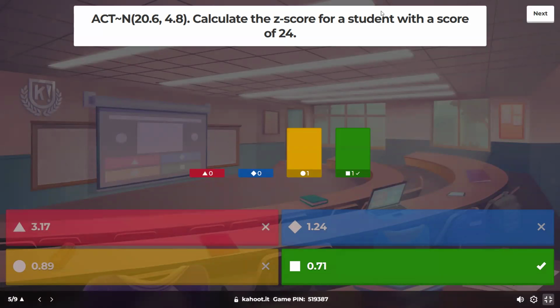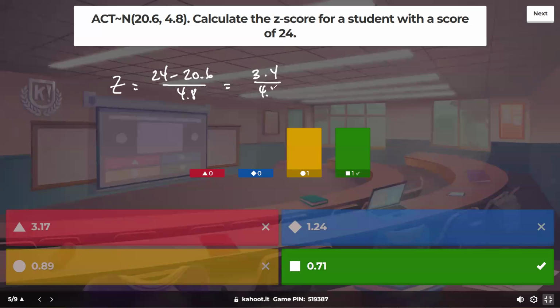So all this was the top row, 24 minus 20.6 over 4.8. We didn't have to deal with a distribution of sample means for this. So this is 3.4 over 4.8, which I presume is this right here.